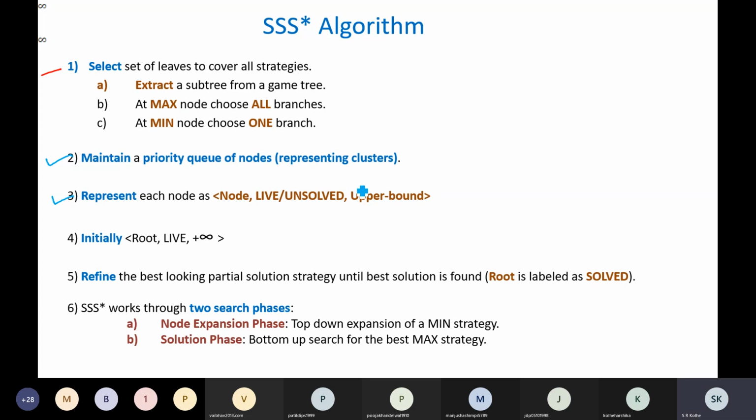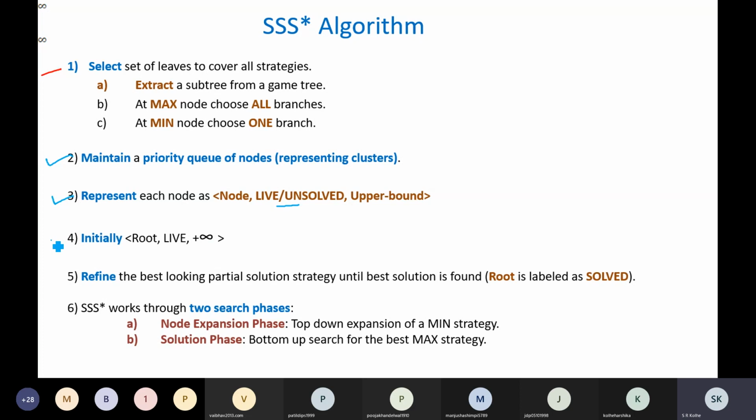So after some time you will find out the algorithm is similar to AO star also, because here we have labeled the node as live or unsolved. So every node you will have to define as a structure consisting of the name of that node, whether it is live or unsolved, and define the upper bound. So name of a node, label, and its upper bound.